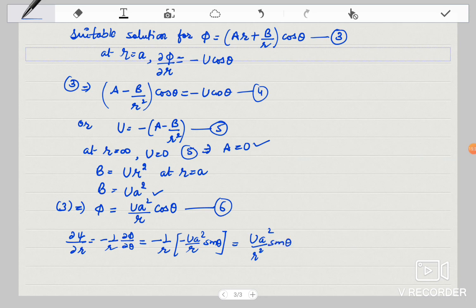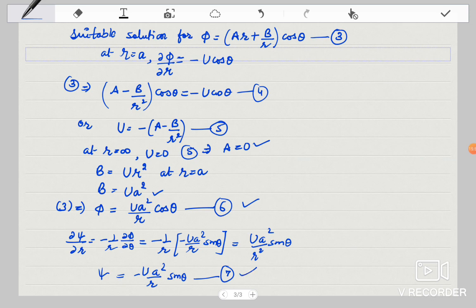So this is the value of delta psi delta r, and integrating you may get your psi. Psi will be minus u a square upon r sin theta. So you got phi, you got psi.